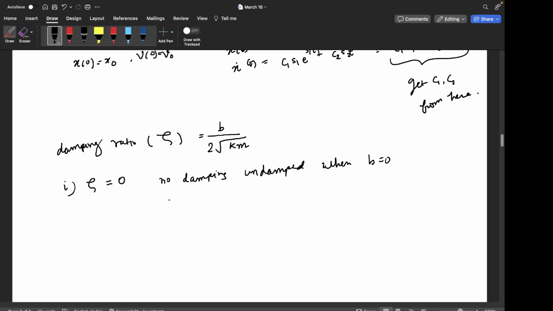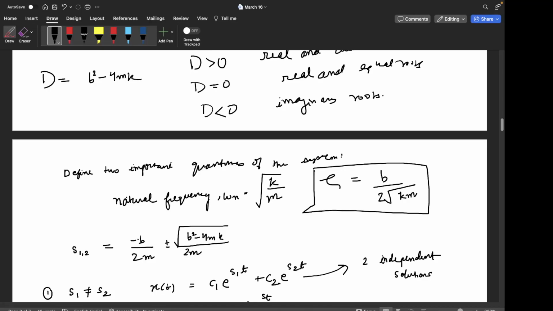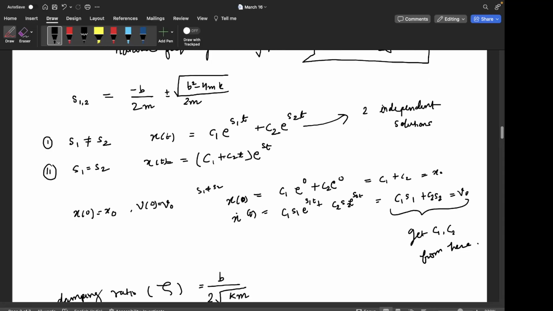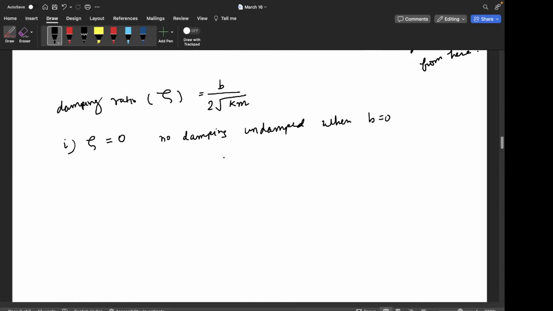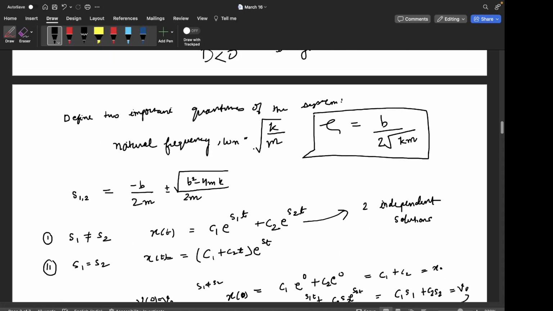So in this case, when b is 0, what will be s1 and s2? When b is 0, the first term is 0, and here we also have under root minus 4mk. You can very easily see that we get imaginary roots. So s1,2 is 0 plus or minus under root minus 4mk by 2m.